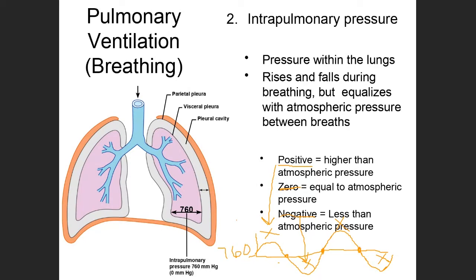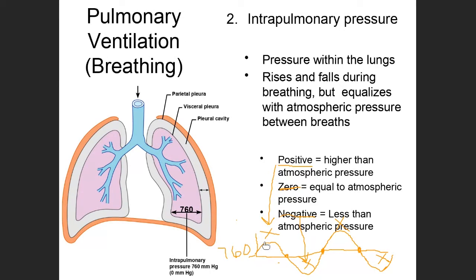In between times when we're inhaling and exhaling, the pressure is zero, which means it's equal to atmospheric pressure. So I've drawn in these little dots here where pressure in the lungs is equaling atmospheric pressure, and it's actually zero. This happens during the pause between breaths.